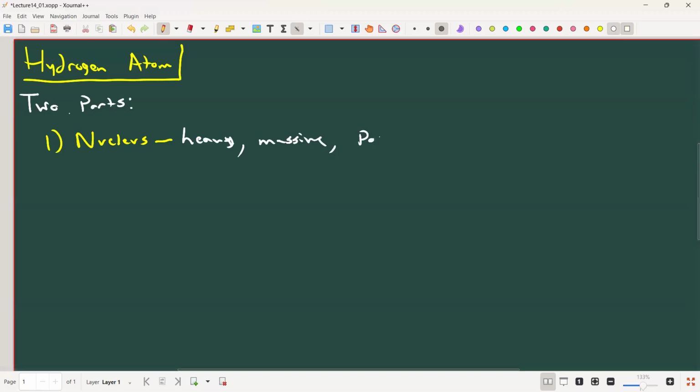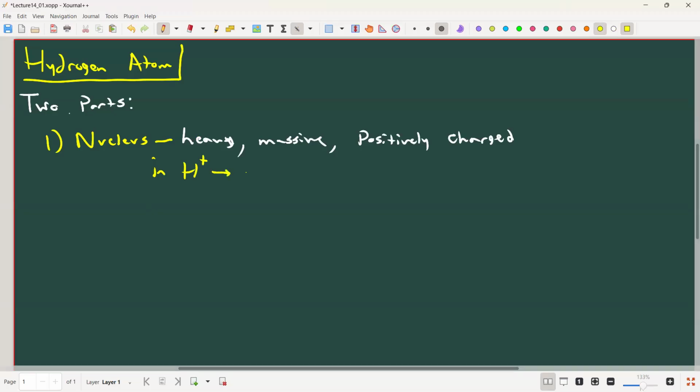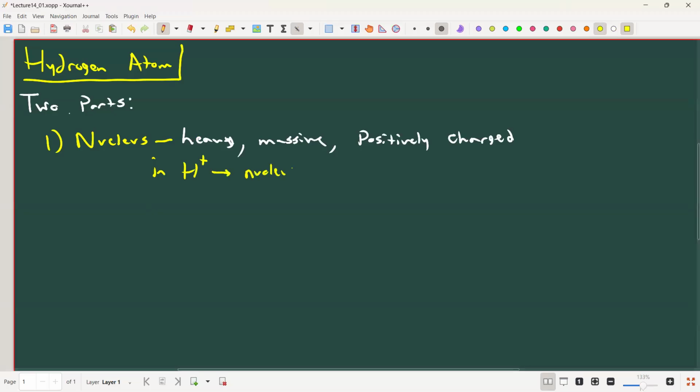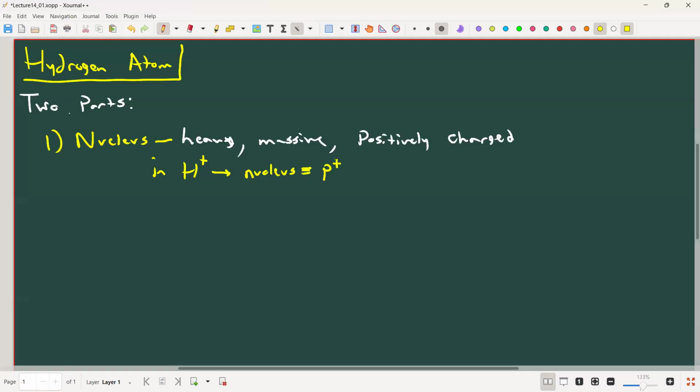And most importantly, it's positively charged. And of course, in hydrogen, the nucleus is just a proton. Right?